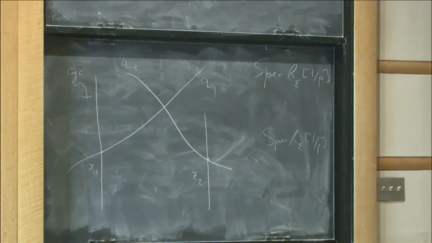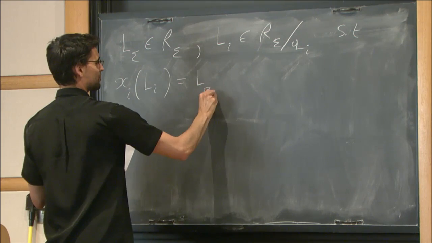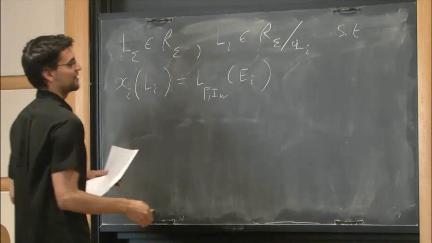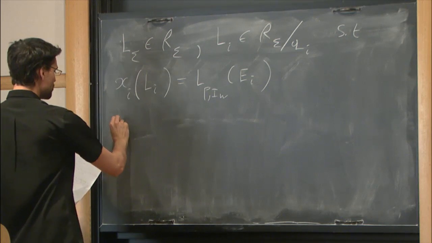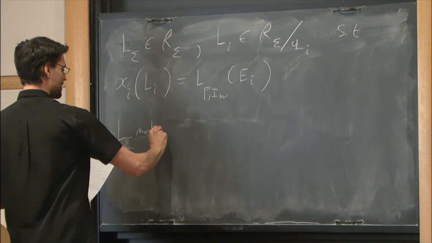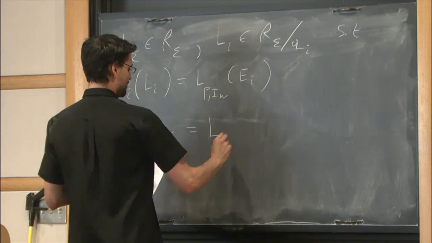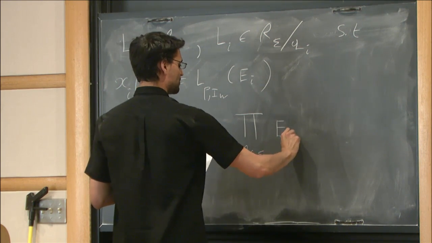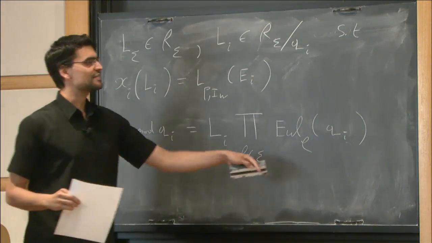Such that, first of all, if you specialize at xi the elements Li, you get the p-adic L-function of the elliptic curve Ei. So x1 of L1 is the p-adic L-function of E1, and same for E2. And also, if you take L sigma modulo the prime ideal Ai, then you get the element Li times a product of Euler factors for the primes in sigma.